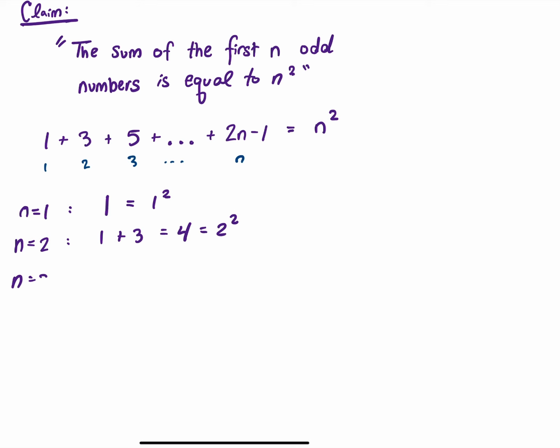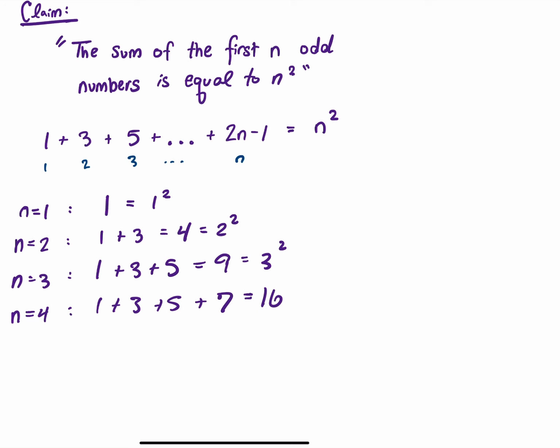When n equals 3, that's 1 plus 3 plus 5, which is equal to 9, which is, in fact, 3 squared. When n equals 4, that would be 1 plus 3 plus 5 plus 7, which is equal to 16, which is 4 squared.